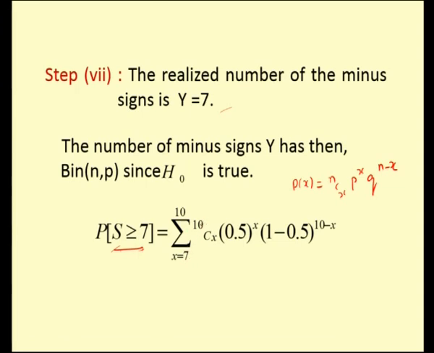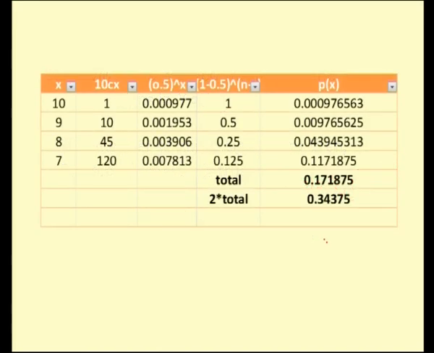Here n is 10, Cx, and your p value is 0.5, so q is 1 minus p, that is 1 minus 0.5, to the power 10 minus x. Look at the table. The summation is from x equal to 7 to 10, so the values are for x equal to 7, 8, 9 and 10. I have split it and brought it in the form of a table.